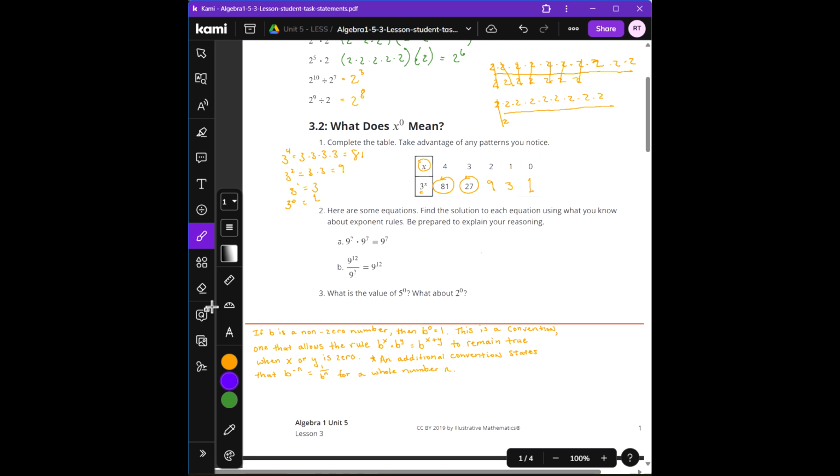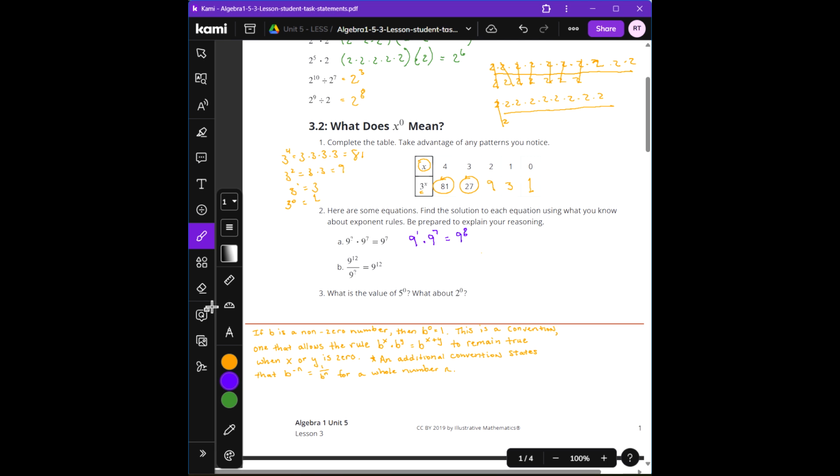A here, okay, so we have 9 to the something times 9 to the 7th equals 9 to the 7th. Okay, so think about the rule that we had up here above. If we thought that that's going to be 9 to the 1, times 9 to the 7th, what that's going to equal now is 9 to the 8th.